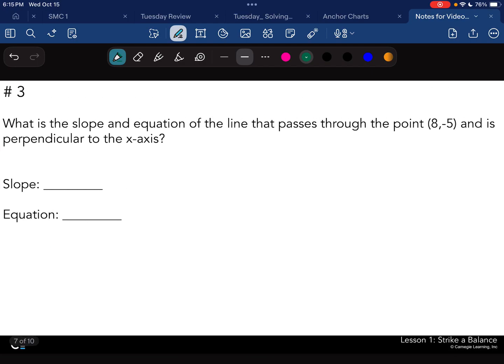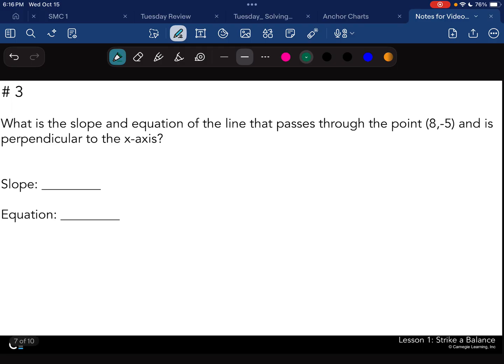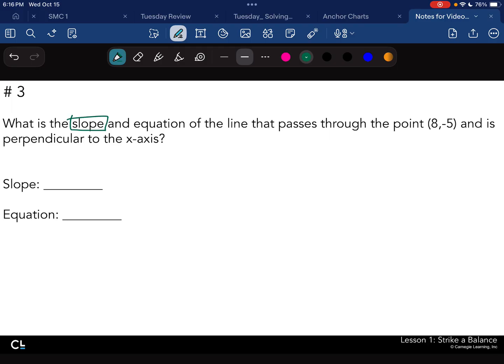Now, looking at 3, when they don't give you a graph. It says, what is the slope and equation of a line that passes through the point 8, -5, and is perpendicular to the x-axis? So we know that slope is your m. Perpendicular means it crosses through.